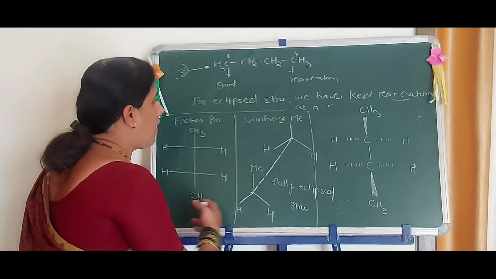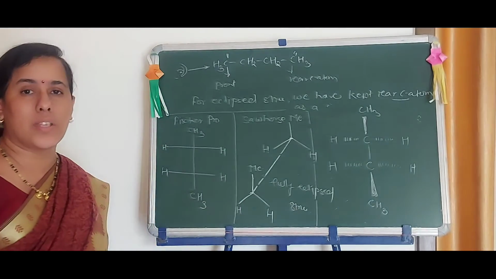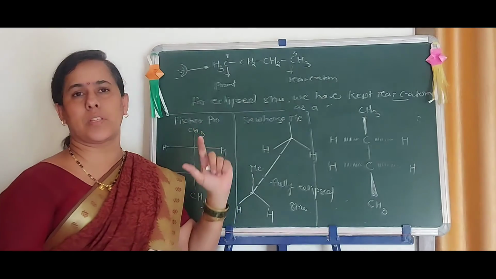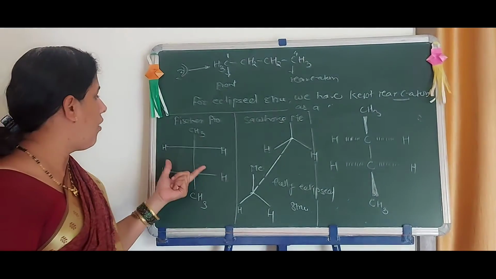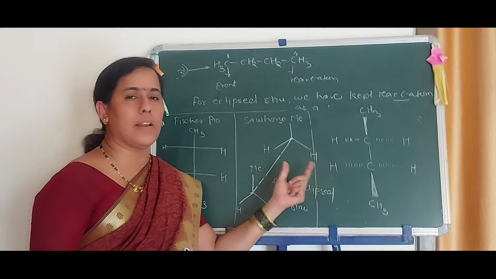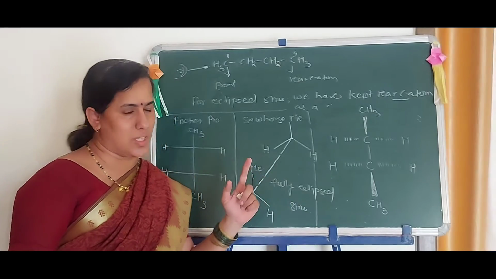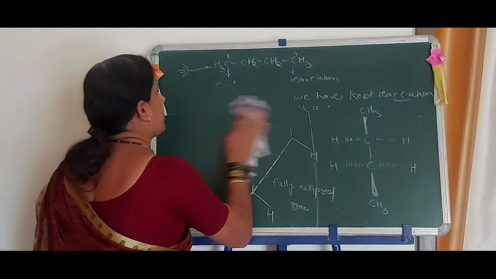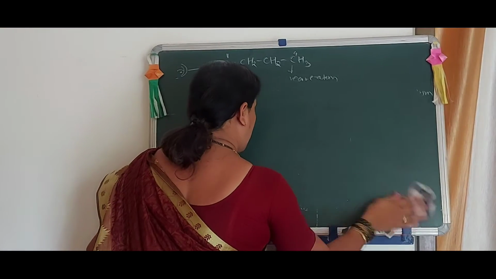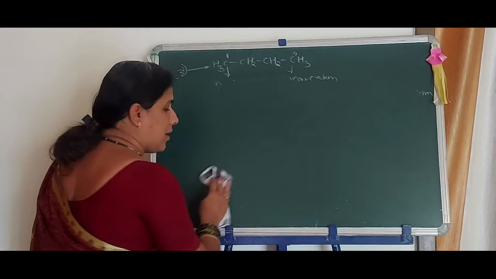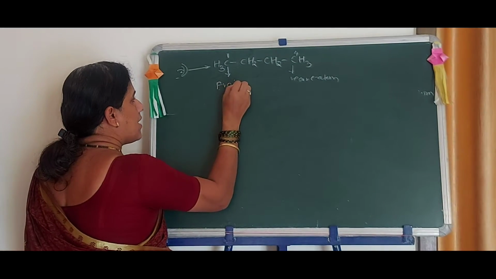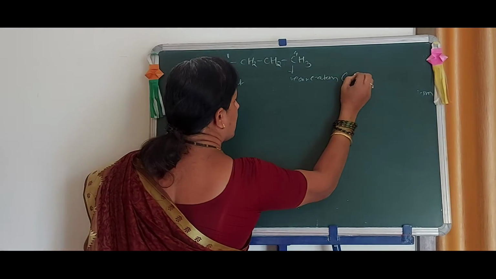Now one by one we can denote the structures, the eclipsed structure and staggered structure, according to the dihedral angle from 0 to 360 degrees, using the Newman projection formula. For writing this Newman projection formula, we have to draw the structures as is. The rear carbon atom is a fixed one.